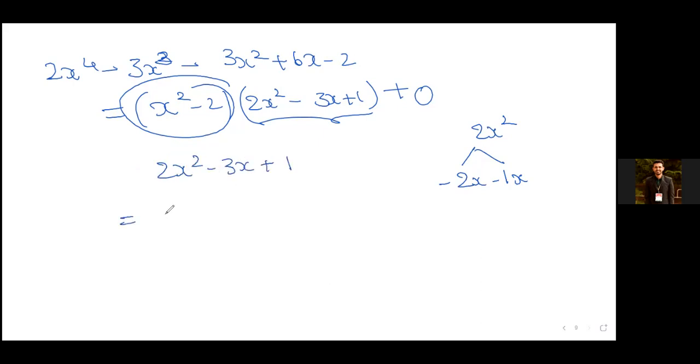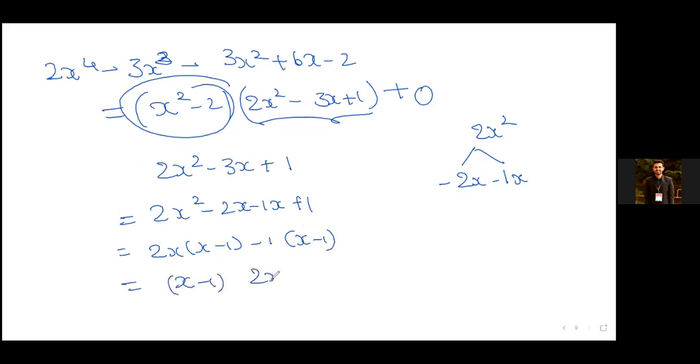This can be written as 2x square minus 2x minus 1x plus 1, which is equal to 2x into x minus 1 minus 1 into x minus 1, which is equal to x minus 1 into 2x minus 1. Therefore, the zeros are x is equal to 1 and x is equal to 1 by 2.